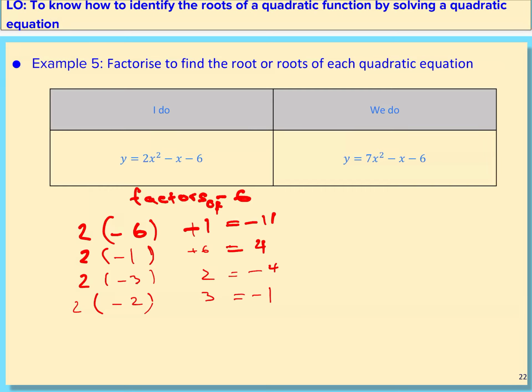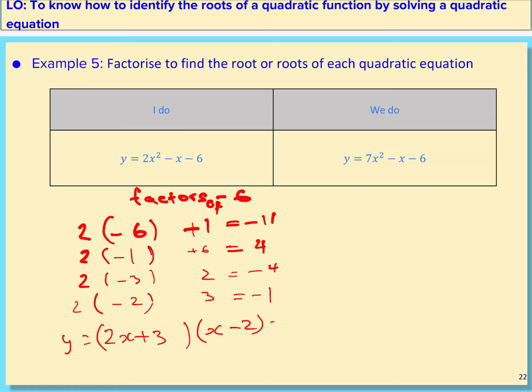Let's try this combination. 2 times -3 gives us -6 plus 2, which gives us -4. Let's try this one. 2 times -2 gives us -4 plus 3. That in fact gives us our -1. Perfect. So we know which combination is the right one.